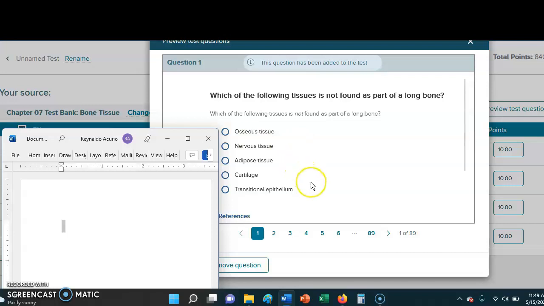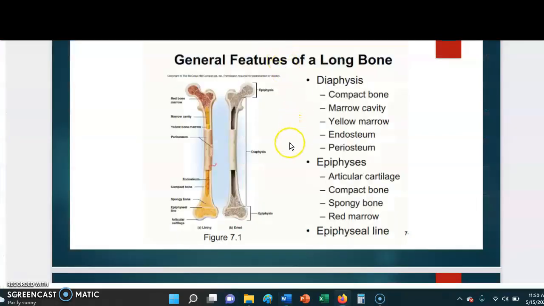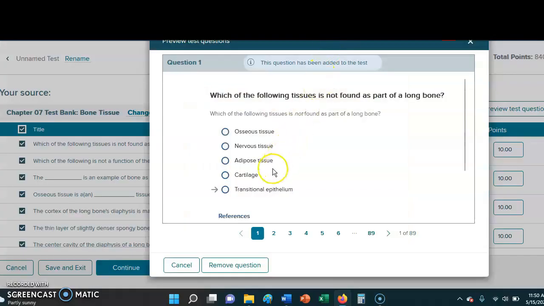Adipose tissue, cartilage, transitional epithelium. So let's take a look at the figure. Right here we have long bones, and in the middle we have adipose tissue as part of the yellow bone marrow. Osseous tissue you can tell because that's bone. We have blood, we have nerves. Okay, so let's take a look at the answer then. Right here we have transitional epithelium. Obviously, that one is not found in the bone. We're going to find transitional epithelium, for example, in the urinary bladder, but not in the bone.